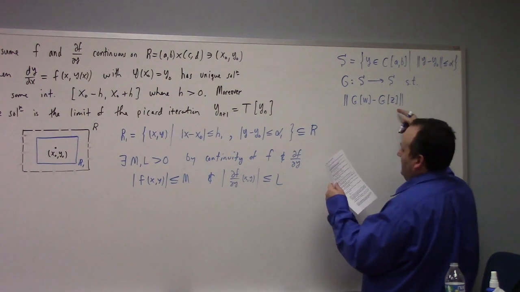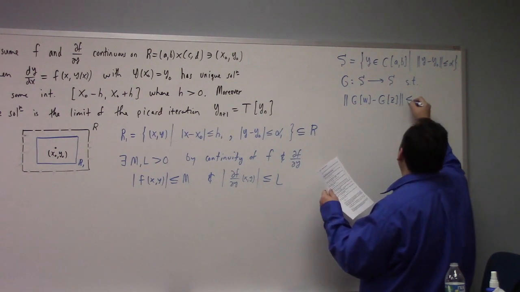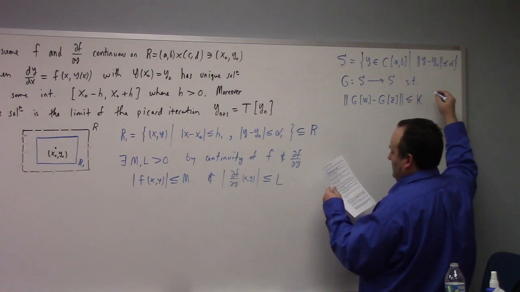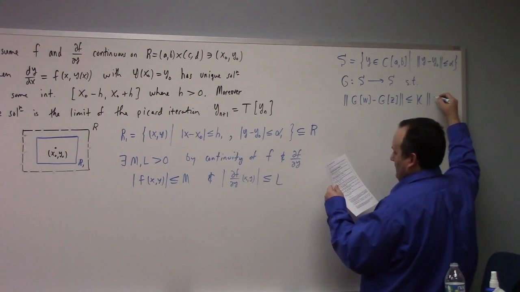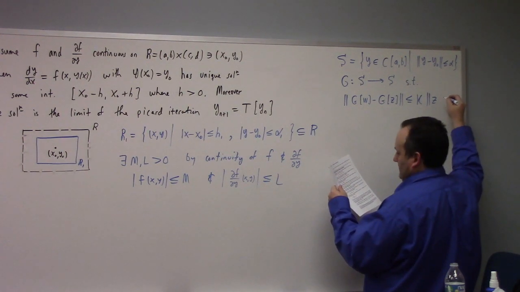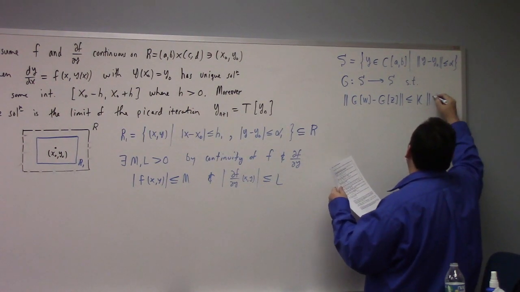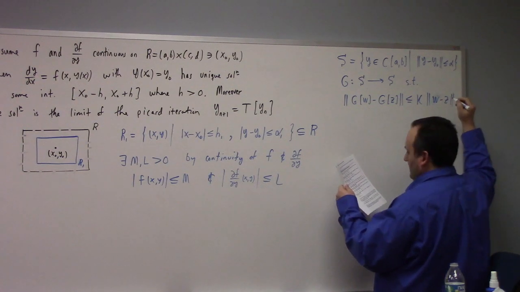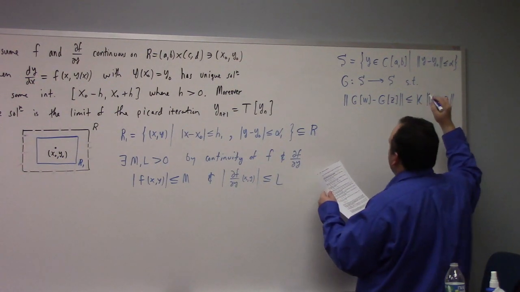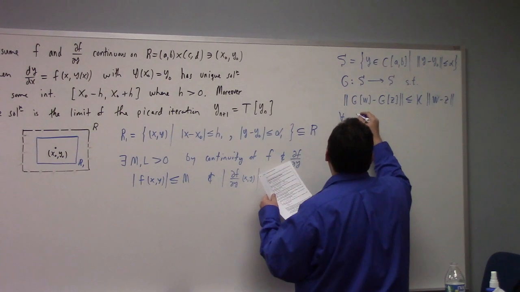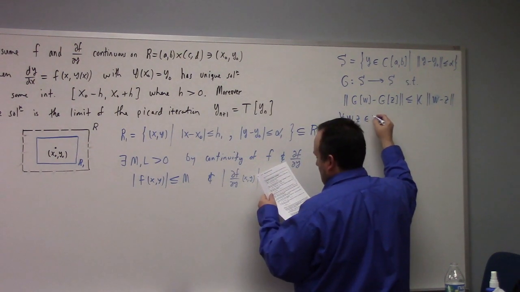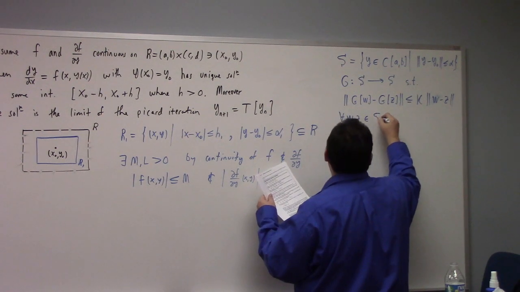So we're still taking the norm of a function. And anyway, it's a contraction, so that's less than or equal to some constant k times the norm of W minus Z. All right? And for all W and Z in S, I believe, right?